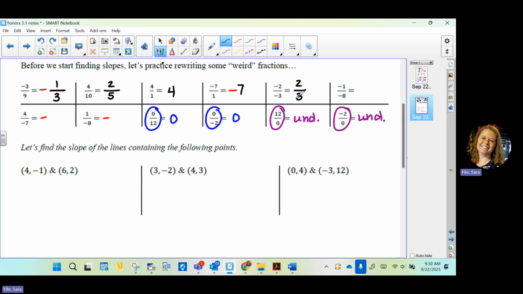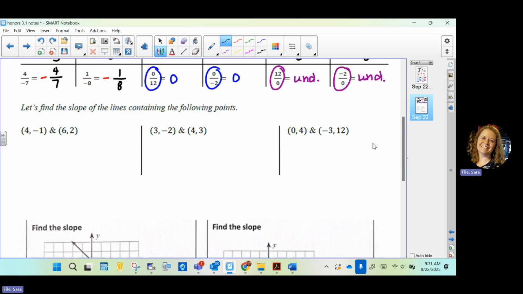Okay, what about 1 over 8? Can you reduce that? No, it just becomes positive because you have a negative divided by a negative. Okay, can 4/7 reduce? Oh, no common factor for 4 and 7. Same thing here, no common factor for 1 and 8. It just becomes negative. So whether your negative is in the denominator or it's just in the numerator, your slope comes out negative, and you can just write the negative in front of the fraction itself, not within the numerator or denominator. We feel okay about reducing slopes?